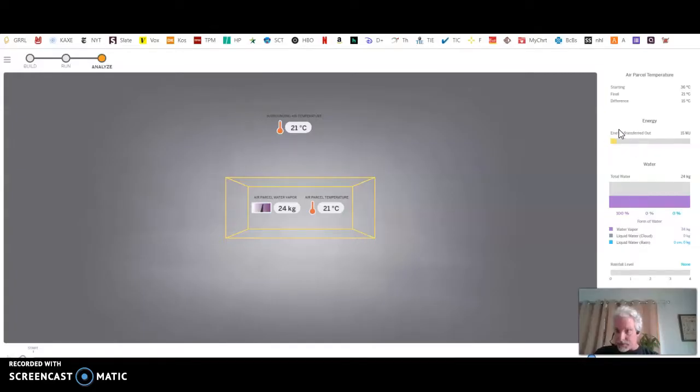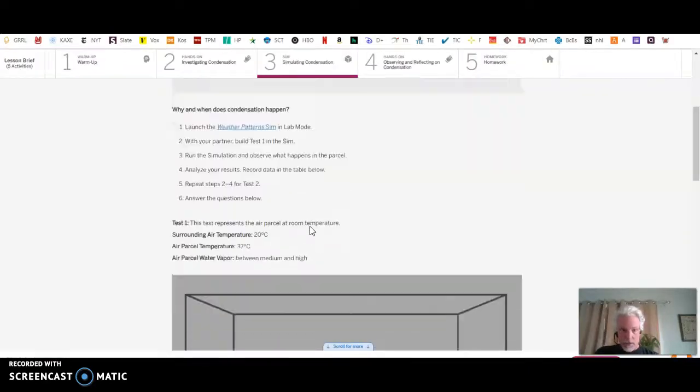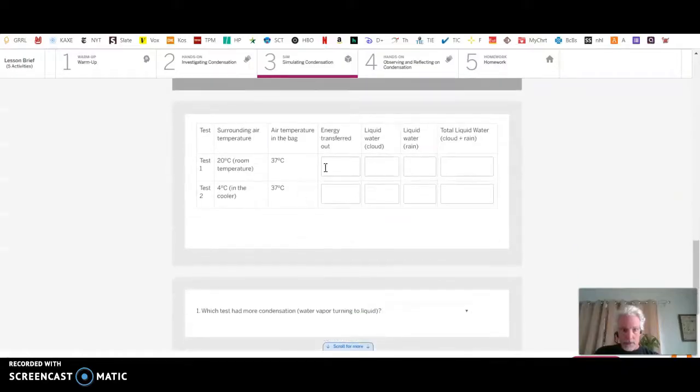If we look over at this analysis on the side, there's energy that's been transmitted out, and it's 15 megajoules, 15 million joules. So I'll record that in my space here: 15 megajoules.